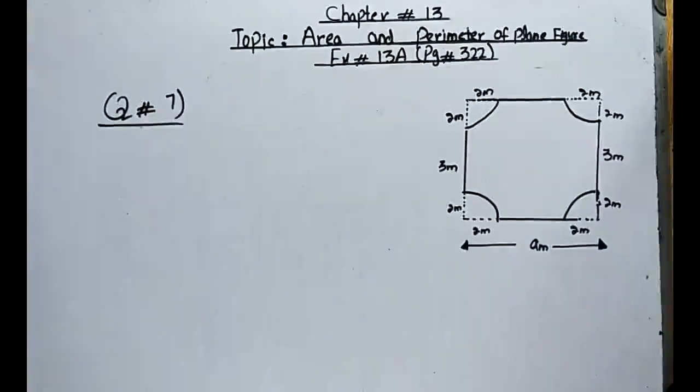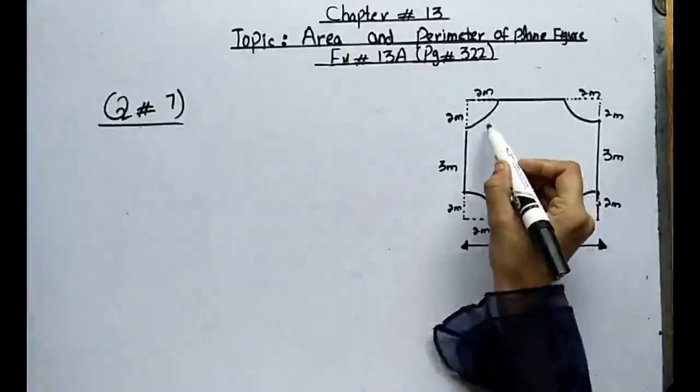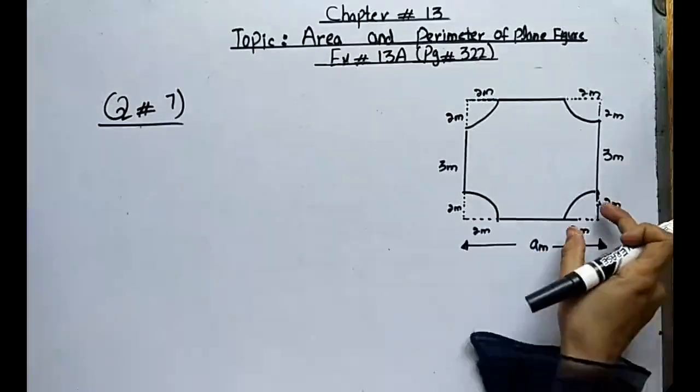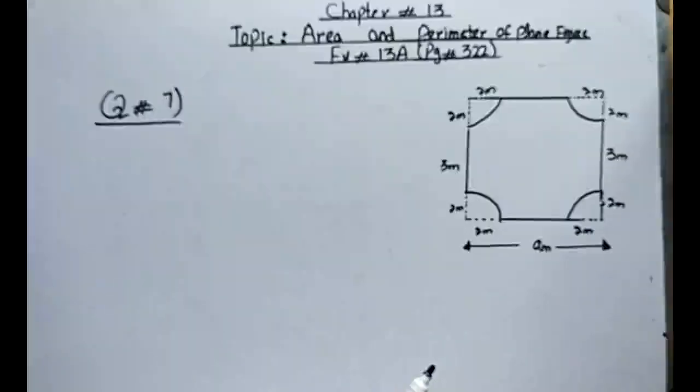Okay, now question number 7 is: in the figure, 4 quadrants, each of radius 2 meter, are removed from a rectangle. In the first part they are asking about the perimeter, and in the second part the area of this figure, and these 4 are the quadrants. Fine.